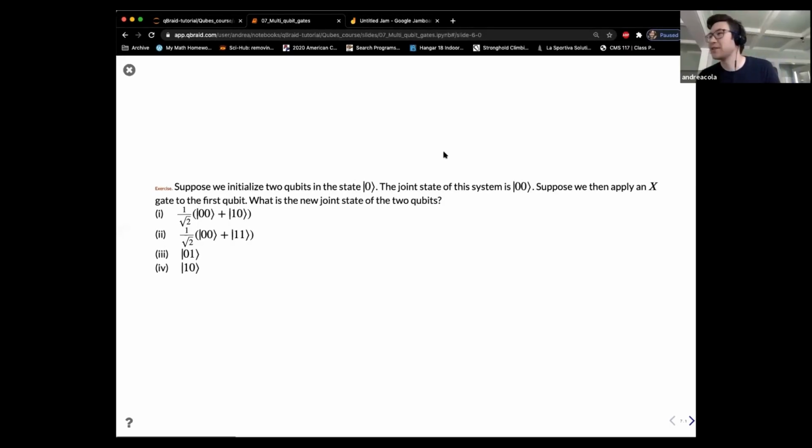Just as an aside. Okay, so now the joint state of the system is 0, 0. Suppose we then apply an X gate to the first qubit. What is the new joint state of the two qubits?